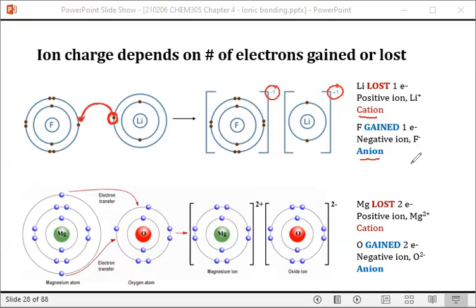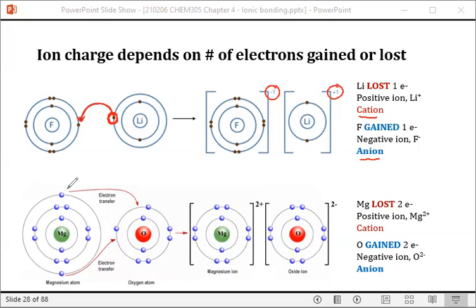If we look at another example between magnesium and oxygen, magnesium has 2 valence electrons. It's in group 2A of the periodic table, so it has 2 valence electrons in its outermost shell. It wants to have 8 electrons in its outermost shell.